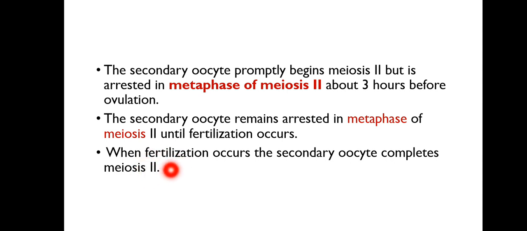So every time in the menstrual cycle a woman ovulates, that egg has not completed meiosis 2. Until the day that woman is impregnated, when fertilization takes place, that is when it's going to complete meiosis 2.